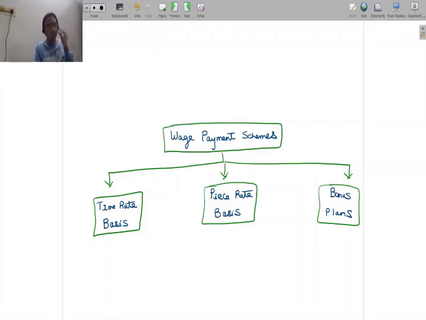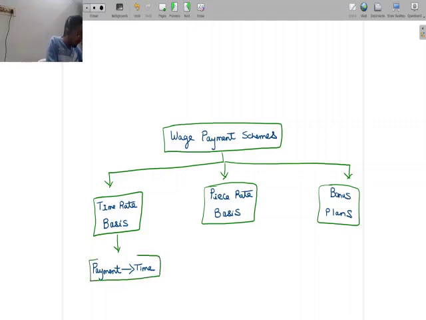But before we go to those questions, let's have a broad idea of what each means. When you look at time rate basis, payment is linked to the time worked, as the name indicates.